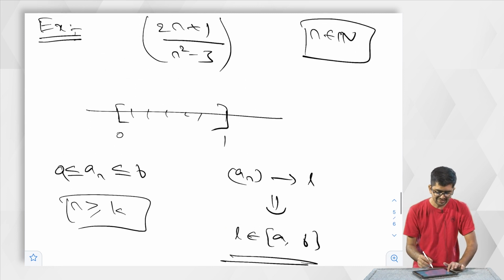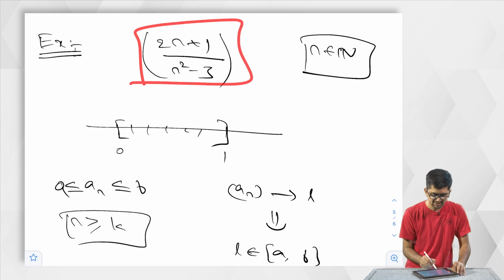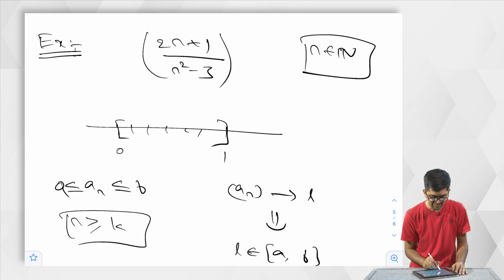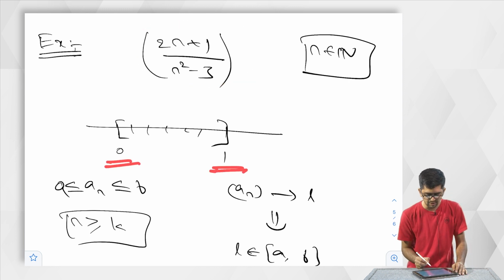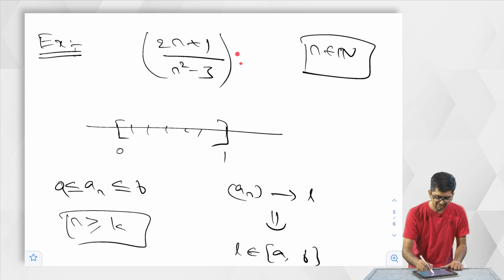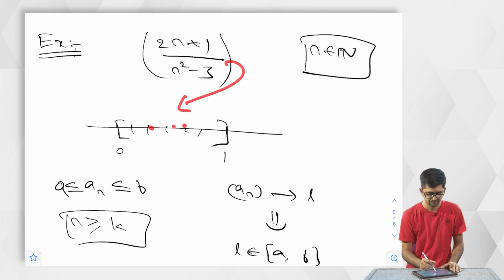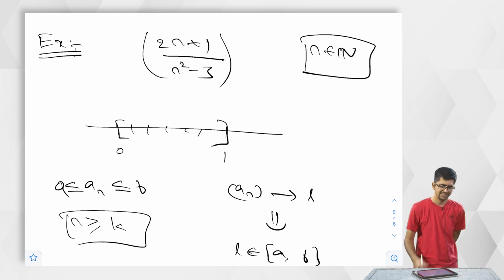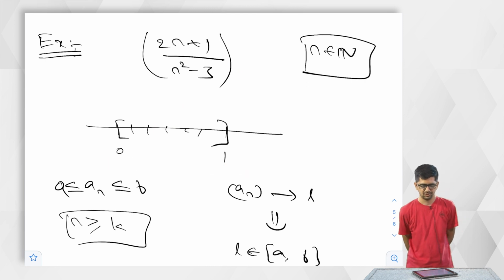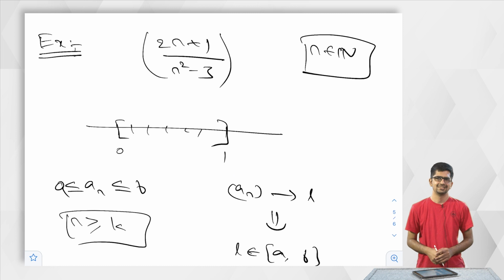So here what we have is, every element of this except the first 4 elements are in between 0 and 1. So if it is convergent, then the convergence should be somewhere here. Now there are so many elements between 0 and 1, so what element should I choose to look for convergence? That is not clear.